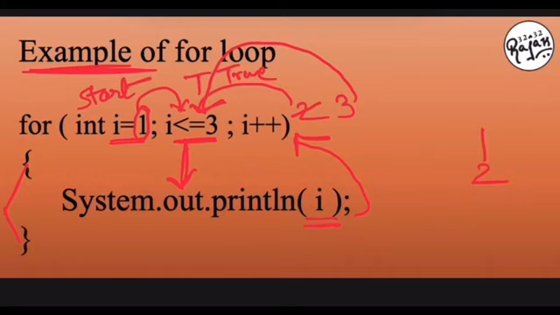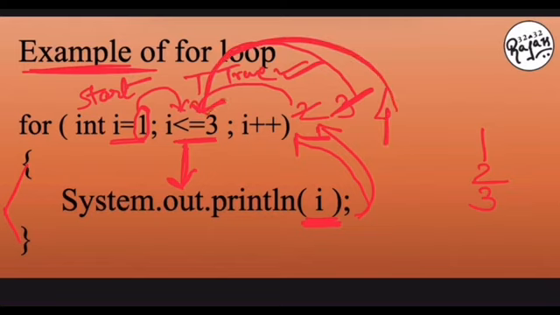3 less than equal to 3. Yes, the condition is still true, so it will let you get inside the body of the for loop. Again it will print the present value of I, that is 3. So 3 will be printed. Again it goes up and the value of I from 3 gets increased to 4. Again the same thing, the condition will be checked. 4 less than equal to 3?